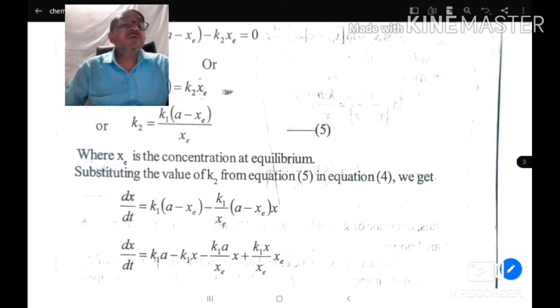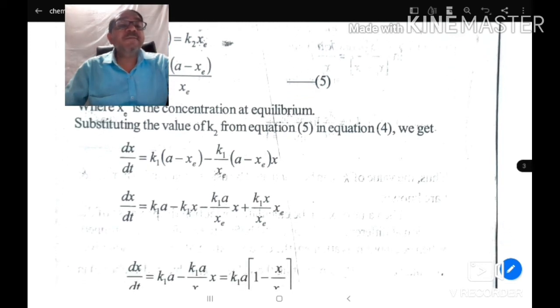Substituting the value of k2 from equation 5 in equation 4, we get dx by dt is equal to k1 into a minus xe minus k1 upon xe into a minus xe into x. So dx by dt is equal to k1 a minus k1 x minus k1 a upon xe into x plus k1 x upon xe into xe.